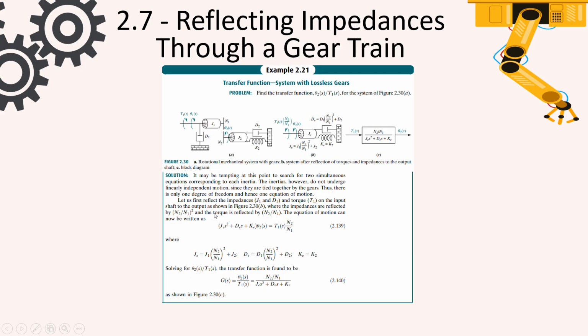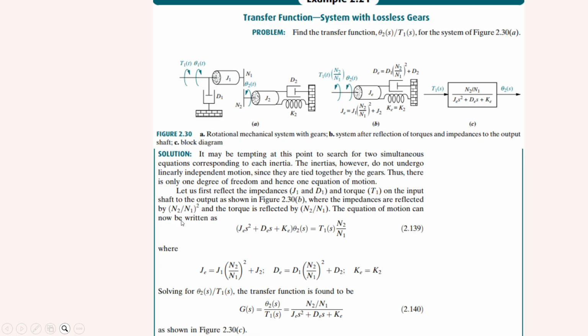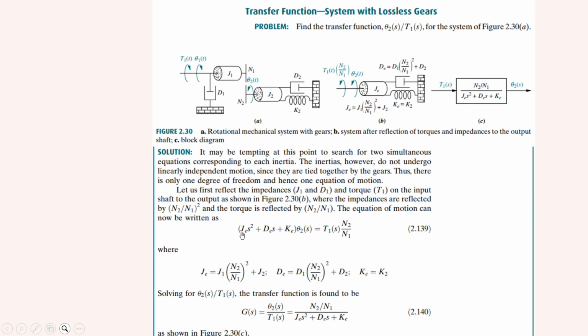This is an example, which gives this equation: the moment of inertia J s squared plus the rotational damper D s plus K, multiplied by the angular displacement, equals the torque T times N2 over N1, which is the torque reflected by N2 over N1.